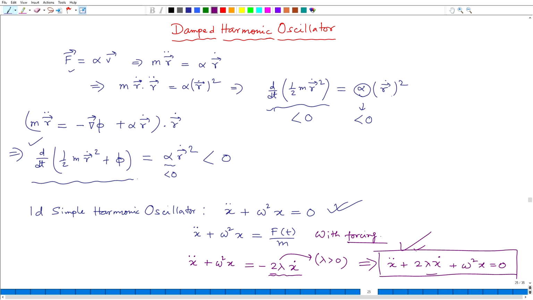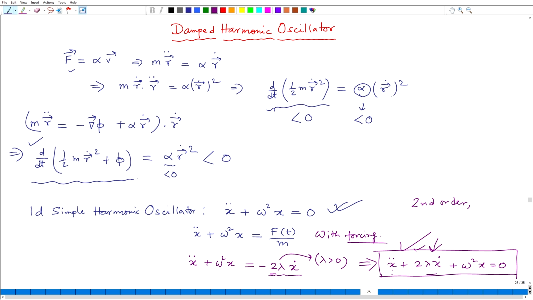Okay. Now, before doing anything, we will first classify the nature of the differential equation, which is given by this. So, once again, this equation is second order. Okay.